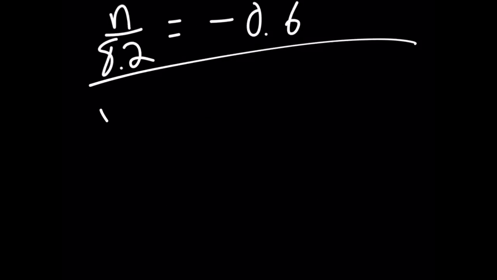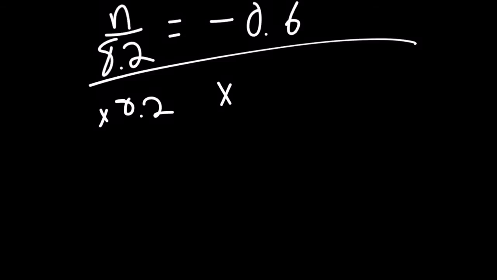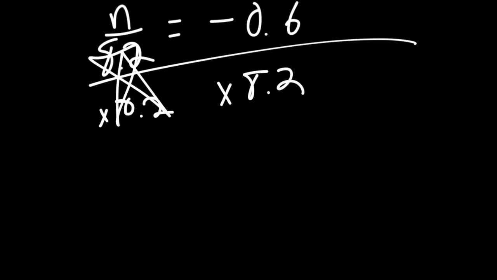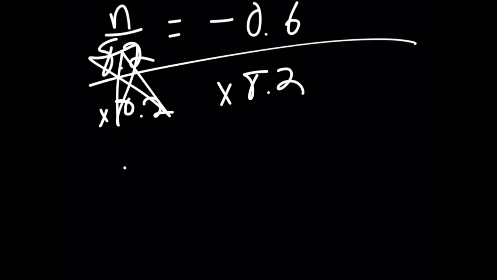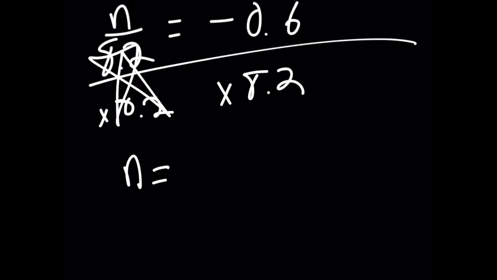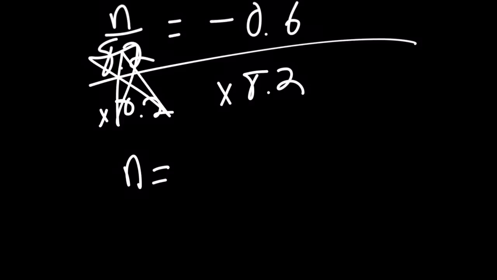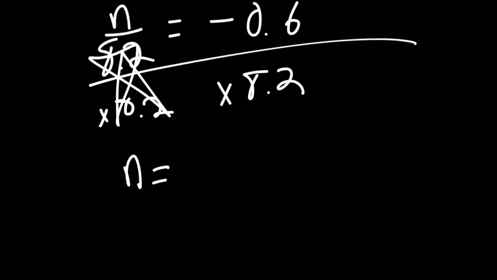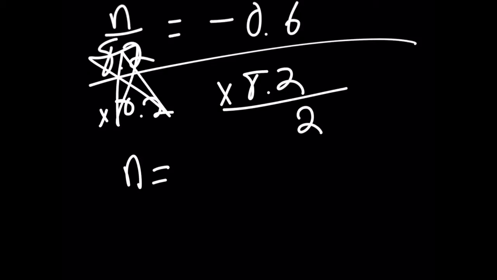You have to write times 8.2 on both sides of the problem. This cancels out. And then you bring down the n and the equal sign. And you multiply, like you always do. And 2 times 6 is 12. Subtract the 1, 2 times 0, that's 1.